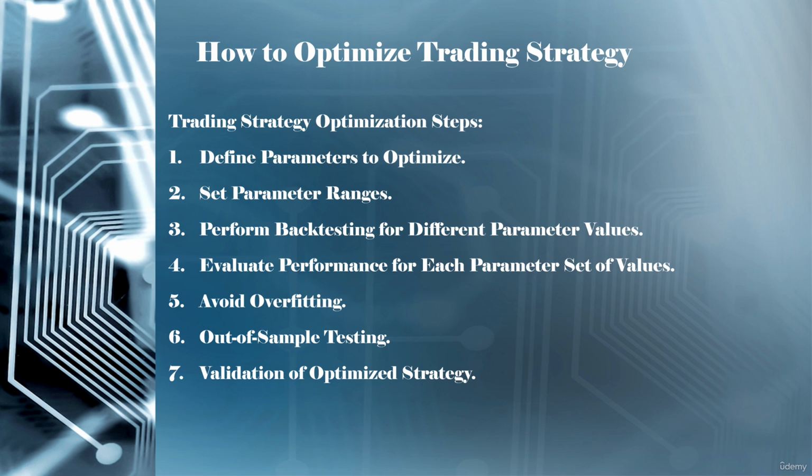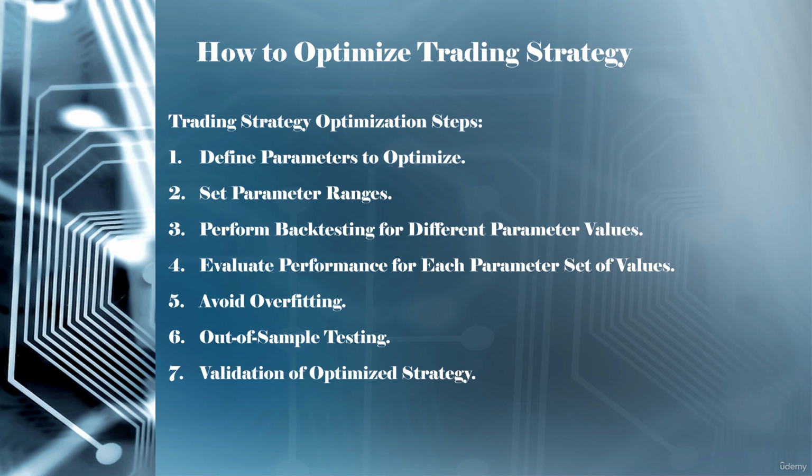The key steps in trading strategy optimization include: first, define parameters. Identify the parameters of your trading strategy that can be adjusted. These parameters could include entry and exit criteria, stop loss and take profit levels, moving average periods, moving average types, or any other variables that influence trading decisions.